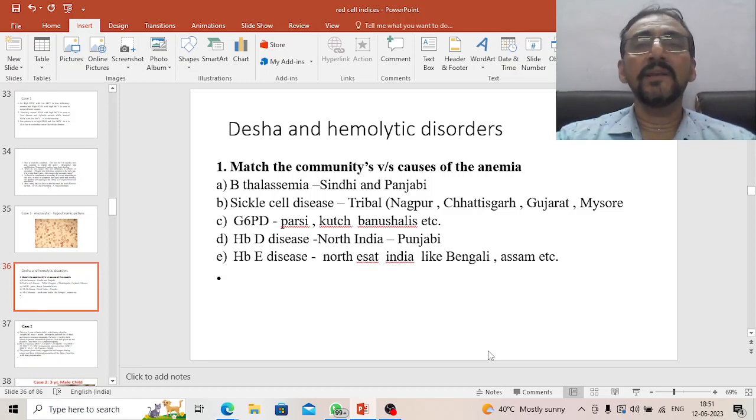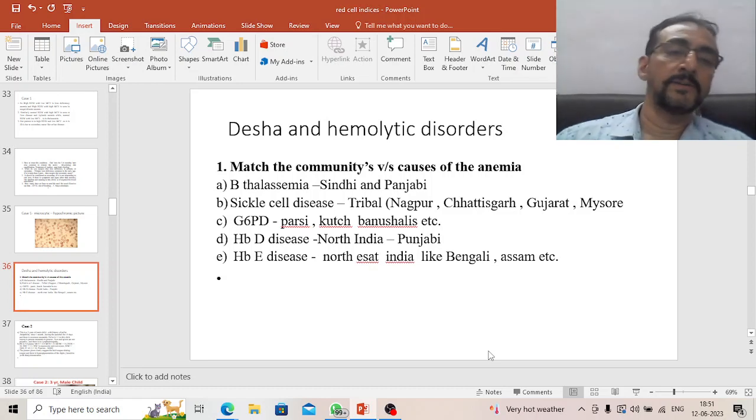I told you already, in thalassemia there is already more iron in the blood, and if you again go for iron syrup, then it's a big blunder. So always before starting iron therapy, confirm the case is not thalassemia. If it's not thalassemia, then you go for it.